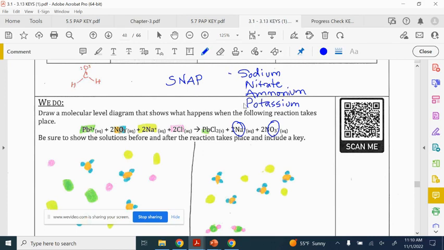So these two are alkali metals. Nitrates, and then nitrate and ammonium. No matter what combination they're with, they'll always be aqueous in water. What's ammonium? NH4, plus one.